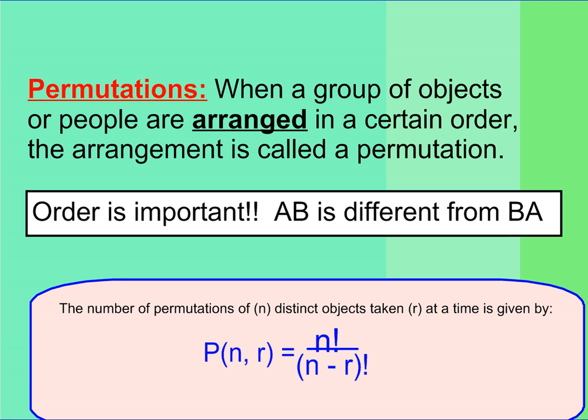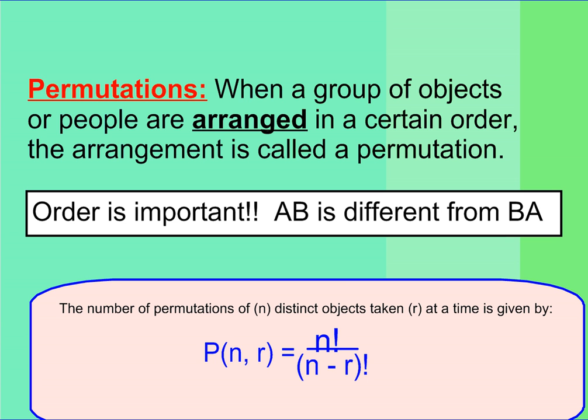Now, here's what permutation actually represents. You want to think about permutation as an arrangement. Combination is more of a grouping. So order is important. AB is different from BA. If you look at the previous problem with the softball players, it matters if you hit first or if you hit fourth.